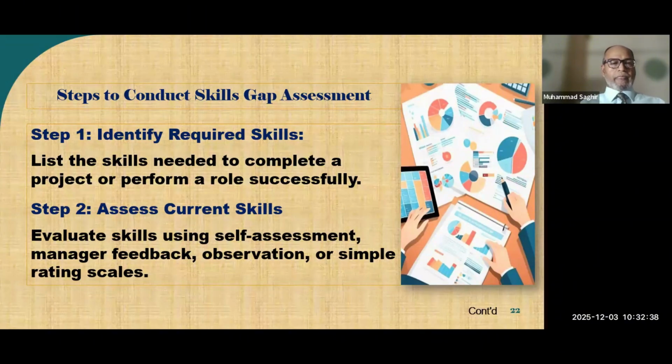And assess the current skills the team member has. Evaluate skills using self-assessment. You can talk to the manager for feedback on the individual, and use observations or simple rating scales. It is according to the performance rating.